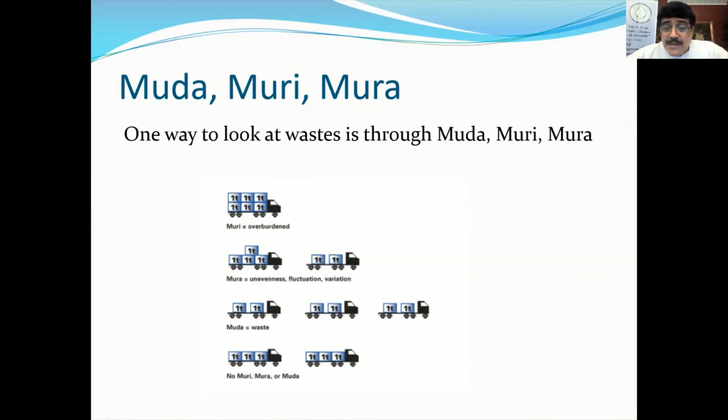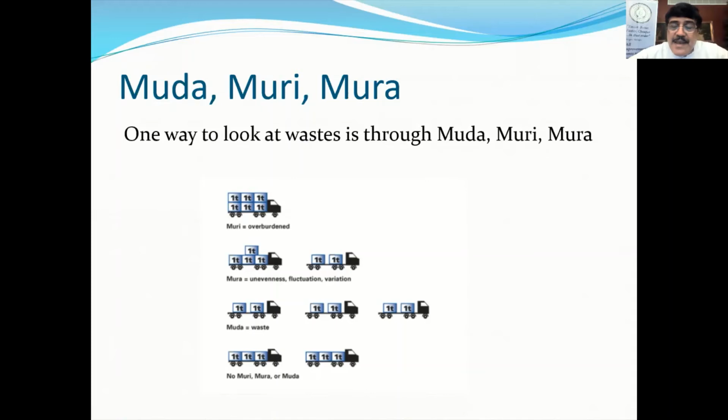They're all wastes, but they are different in concept. Muri basically means overburdened. Like this truck here, maybe it shouldn't be carrying 6 tons. If you overburden it, at the end you're going to waste your vehicle. You're going to lose it. So that is one waste, overburden, and that's what Muri means.